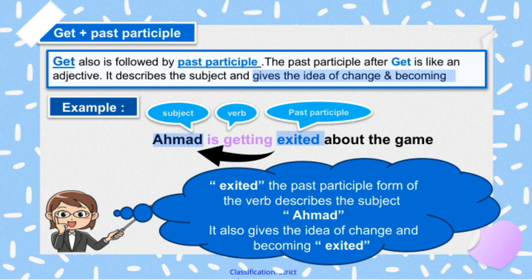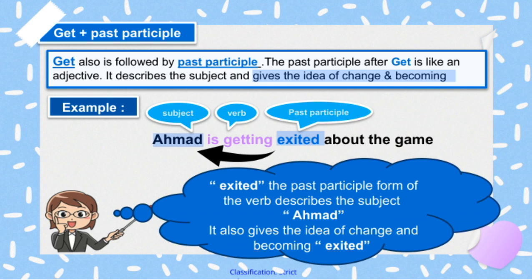For example, in the sentence, Ahmad is getting excited about the game, the word excited shows that Ahmad has experienced a change. He's moving into a state of excitement. It's also useful to remember that other verbs like get are often followed by a past participle. When we say get excited, the past participle, excited, acts like an adjective, describing the subject.